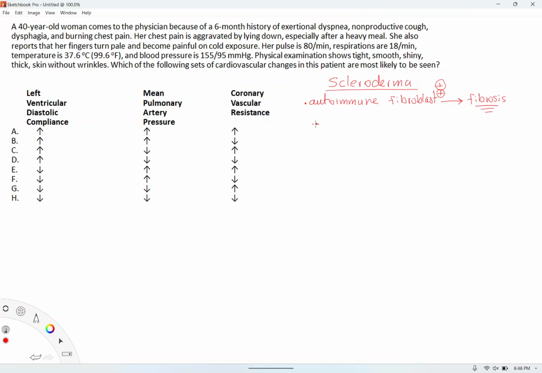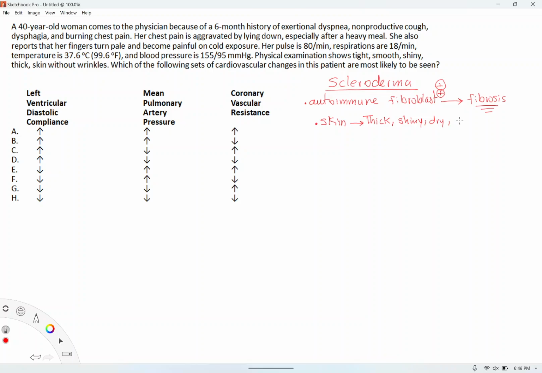The most common organ affected by this fibrosis is the skin. So what do we expect in skin? Fibrosis makes the skin thick, shiny, dry, itchy, almost like leather.